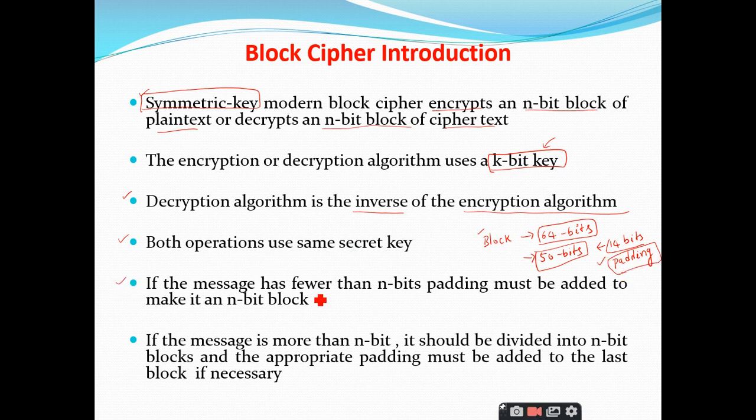So this particular point is discussed there. If the message has fewer than n bits, padding must be added to make it an n bit block. What is the other case? Case 2 is if you have more than n bits. Actually my n here is 64, but assume that I have 128 bits. So what should I do here? Can I frame a block with 128 bits?